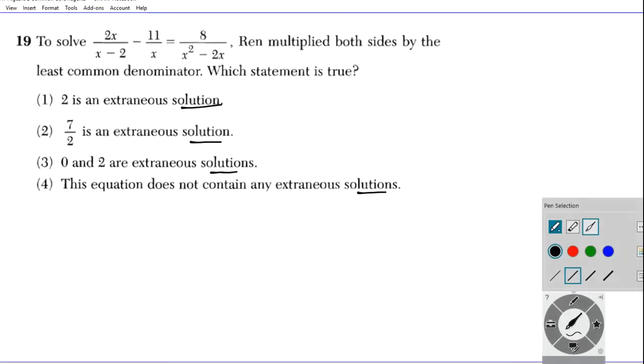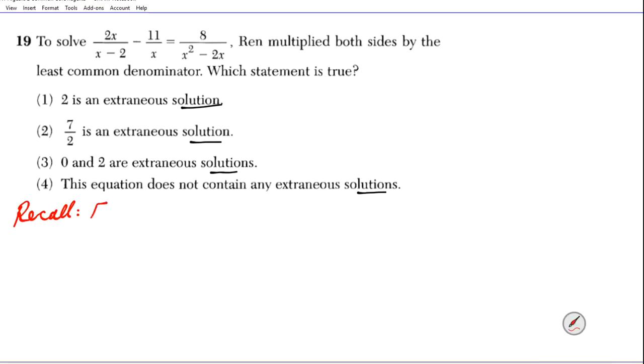Okay, so before we get started with the problem solving process, let's refresh our memory on what it means for a solution to be extraneous. Extraneous solutions do not satisfy the original equation.